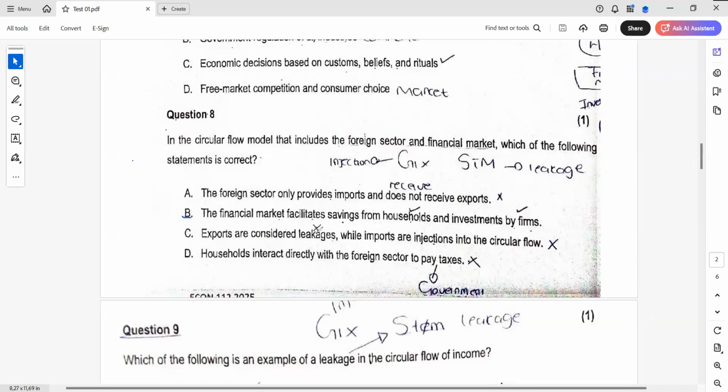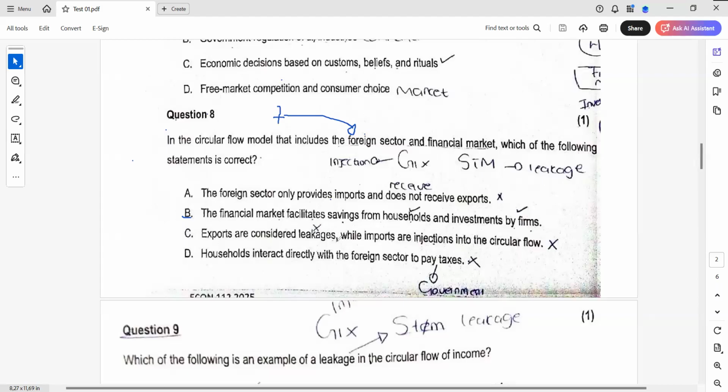Exports are considered leakages. Yes, because remember, no, exports are not leakages, they're injections. Remember, I said that the firms will provide exports, goods, to the foreign sector, and the foreign sector will pay for these exports. So it's an injection in the economy because you're receiving money.